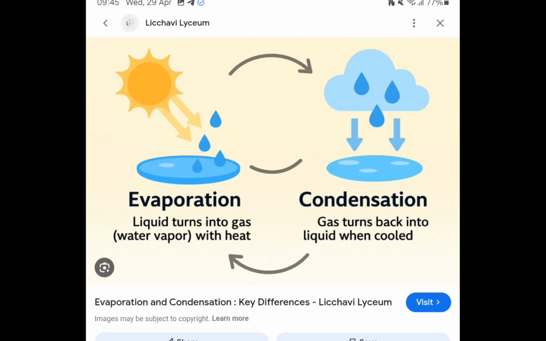Here in this picture they gave what is the meaning of evaporation and condensation. Evaporation: liquid turns into gas, water vapor, with heat. And in condensation, gas turns back into liquid when cooled.